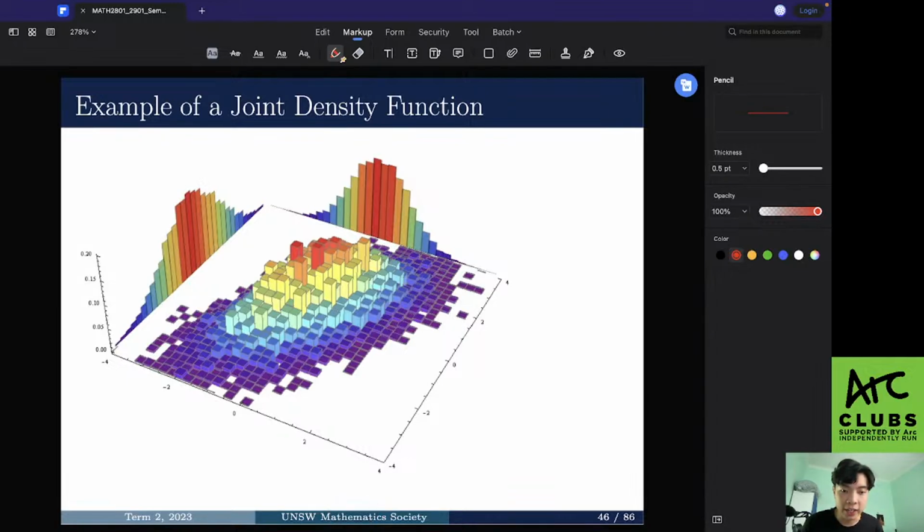You might have heard of a PDF, a probability density function, which is essentially this same function, but in one dimension. So it might look something like this, maybe a bar graph, and for some X value, they give you a probability.